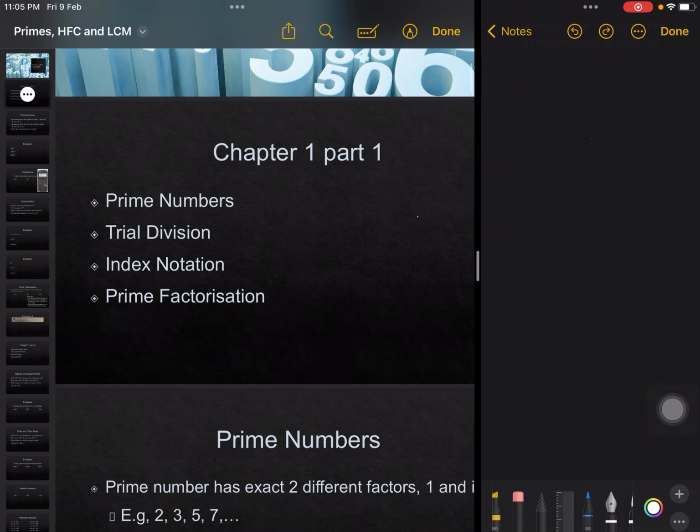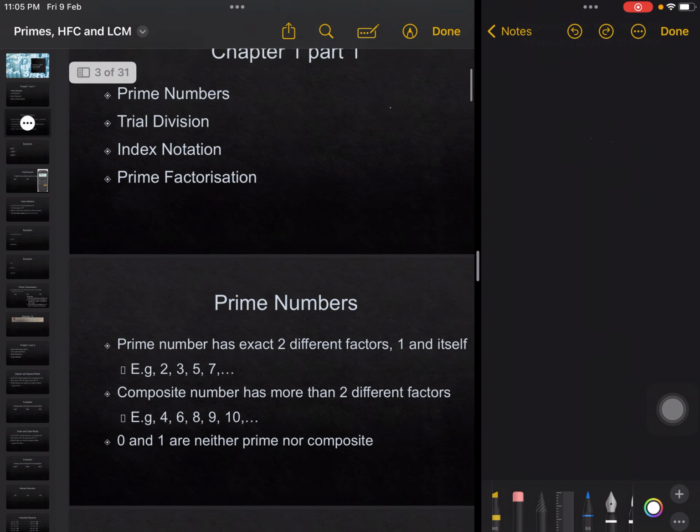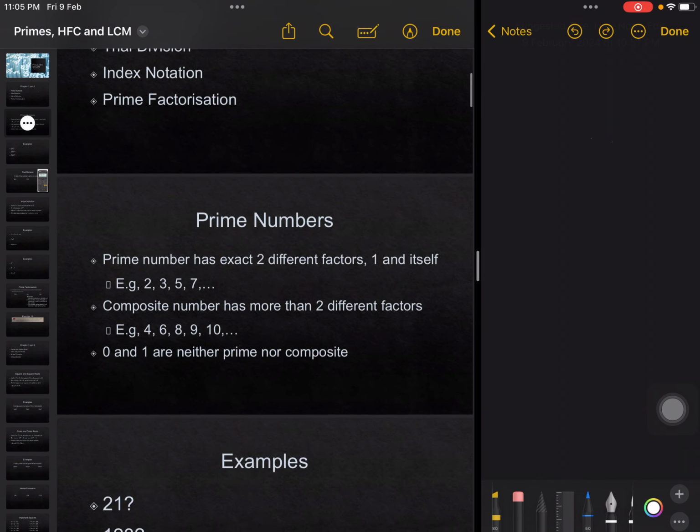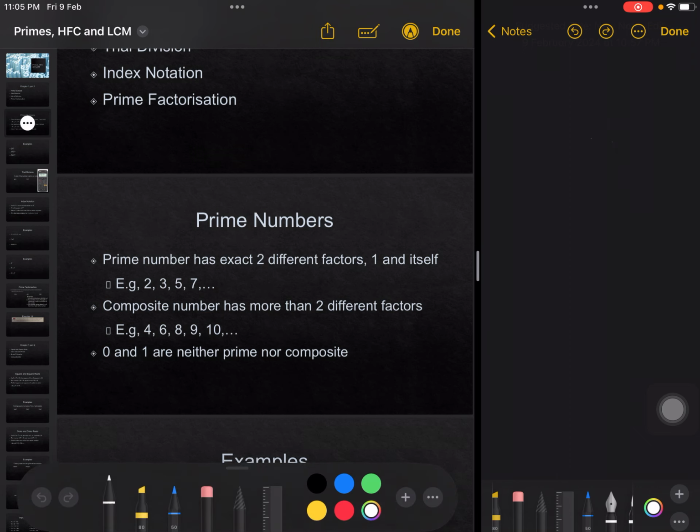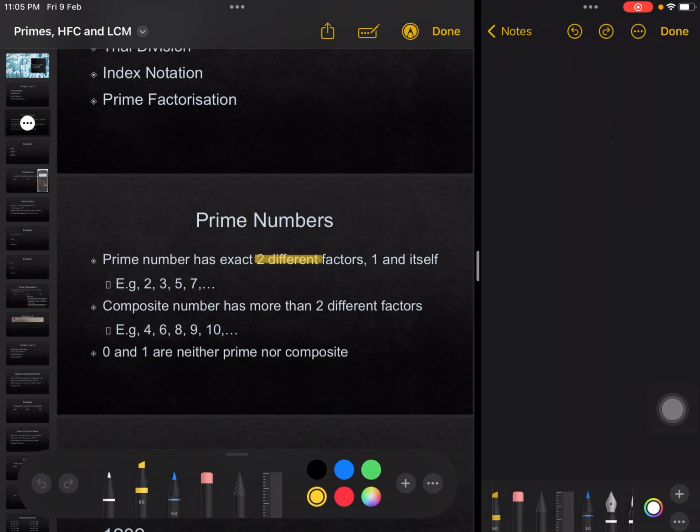Okay, so first part, prime numbers. What exactly are prime numbers? As we all know, prime numbers are numbers that have exactly two different factors, one and itself.